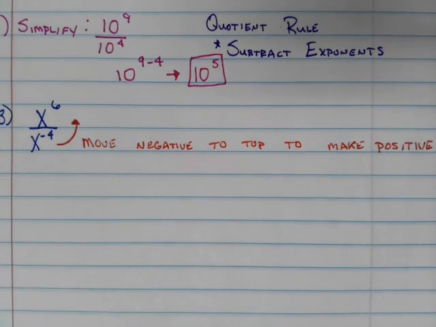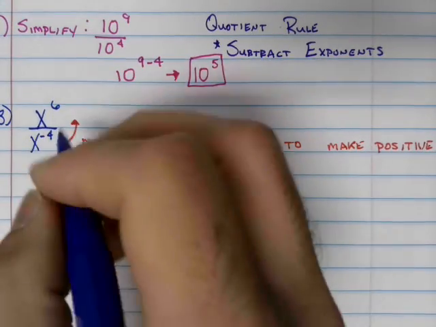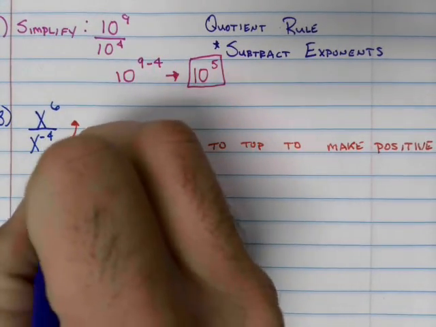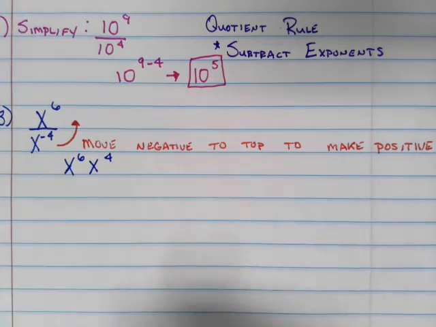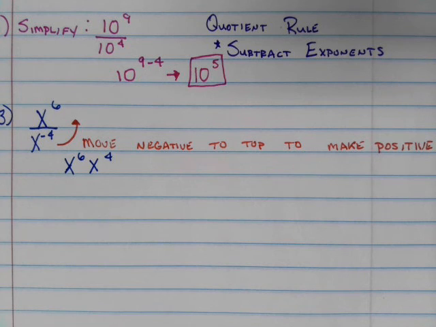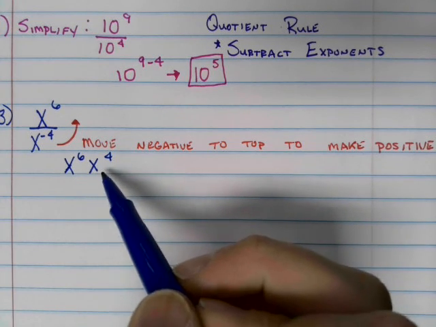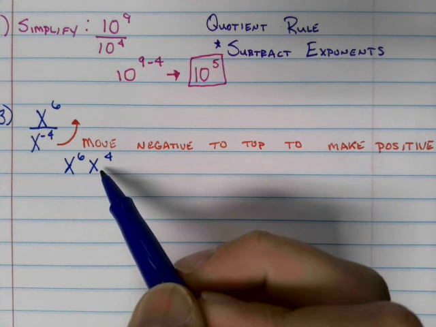When I do that, it's going to look like this. Once I flip that, I'm going to have x to the 6th, x to the 4th. And when they're side by side like that, that means that they are being multiplied. And when they're being multiplied, what rule do we use now?